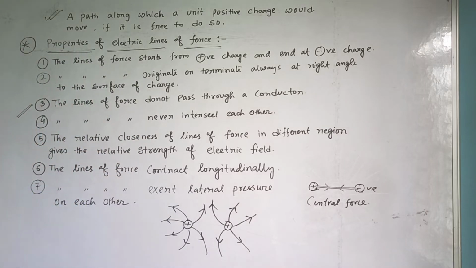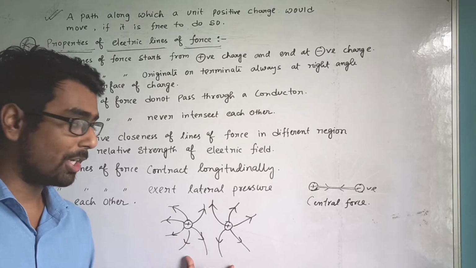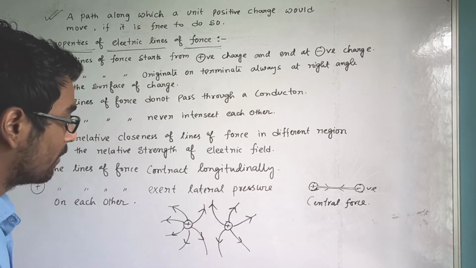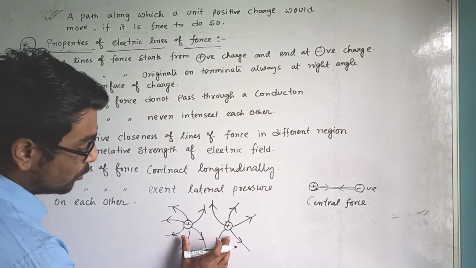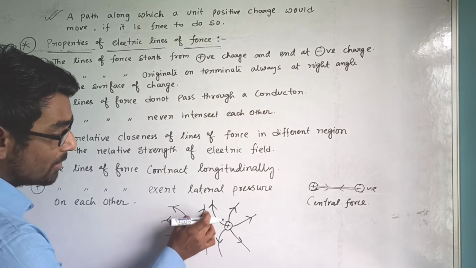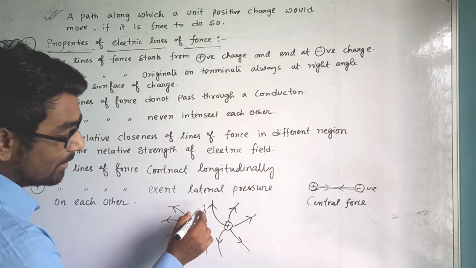See, there is repulsive force between two like charges, as a result of which you can see the electric lines of force due to the two charges exert pressure, as a result of which they cannot intersect each other.